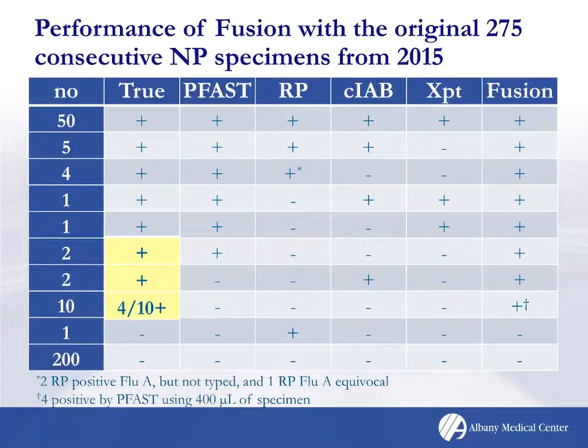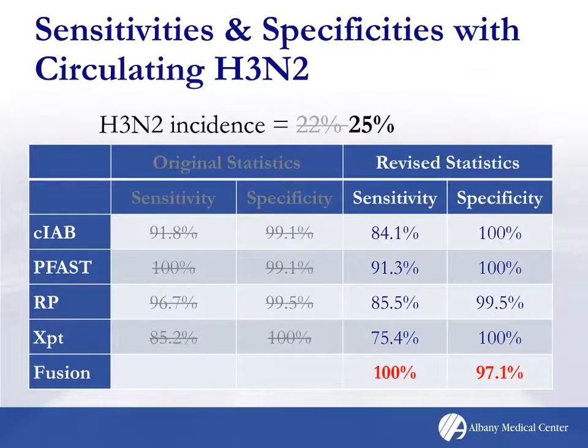So this changed our number of true positives, so that there are actually 8 more true positives than we previously identified. And this changes the statistics of our previous studies, in that the incidence of H3N2 during that 2-week time period was actually 25%, not 23%, and the sensitivity of all the other assays is actually much lower, whereas the fusion assay's sensitivity was 100%.